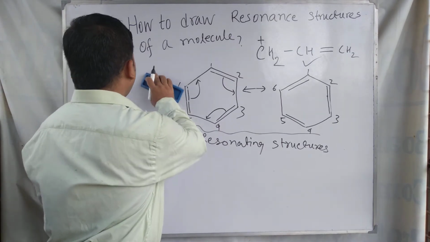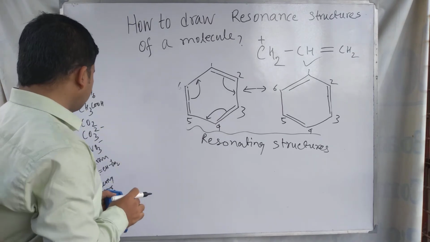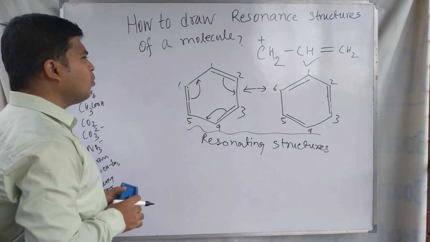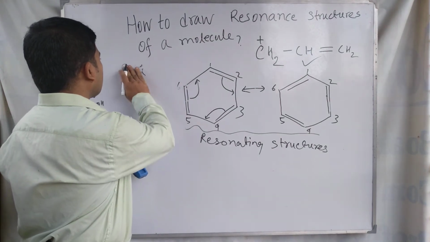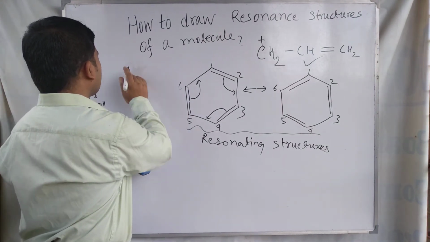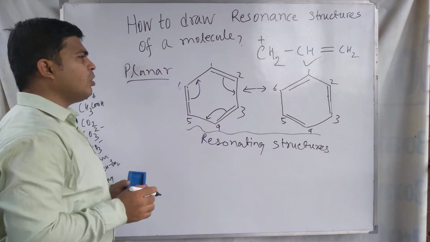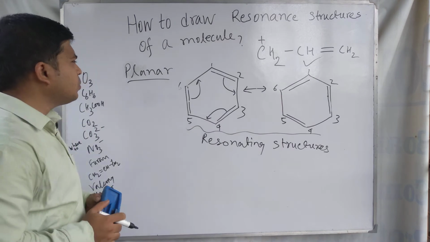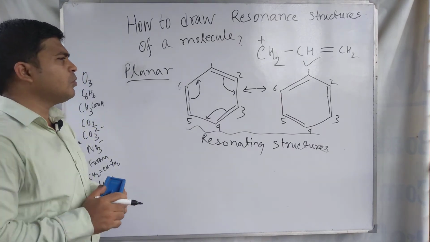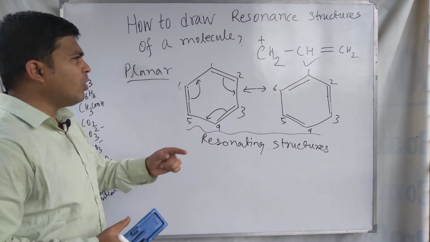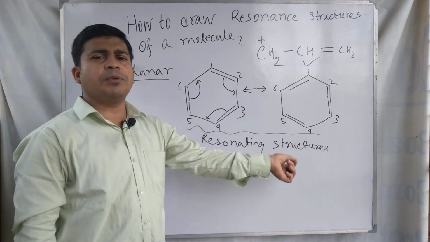Next important point is that during resonance structure drawing, you have to know whether the molecule is planar or not. A molecule must be planar in order to participate in resonance. The molecule must be planar, meaning all the carbon atoms in the molecule must be sp2 hybridized.